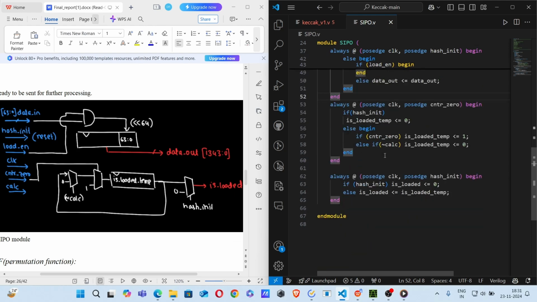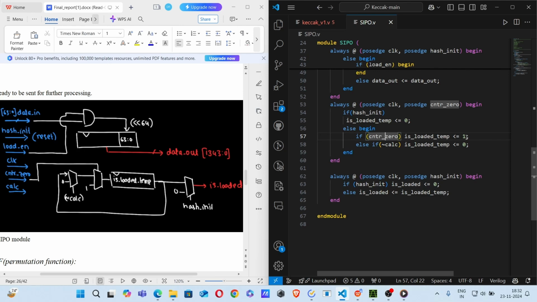When we go into the second always block, we look at a register called isLoadedTemp. This temporary register was made to provide for a sequential delay which this isLoaded signal required. Now, how we load this is upon resetting it goes to 0, and upon this counter 0 signal, isLoadedTemp goes to 1.